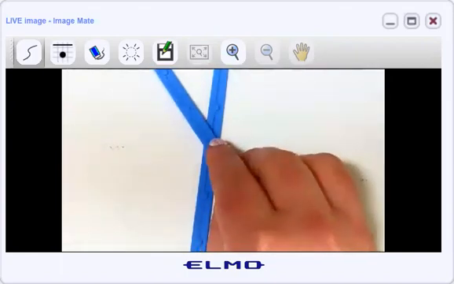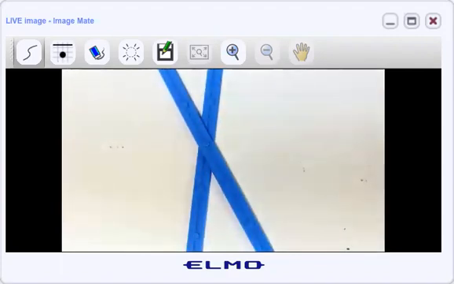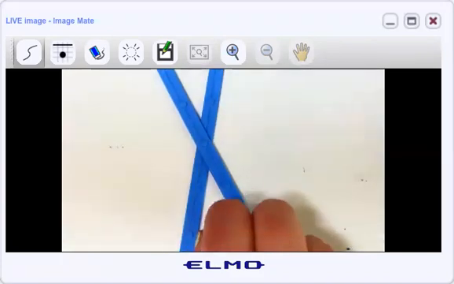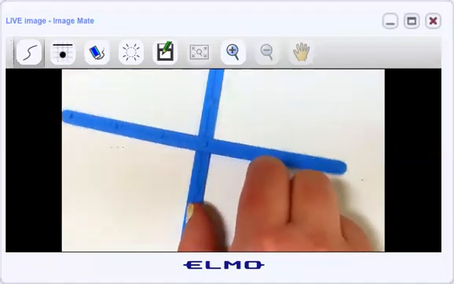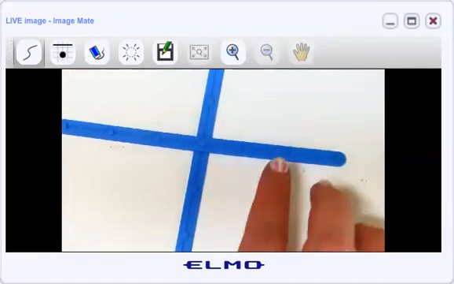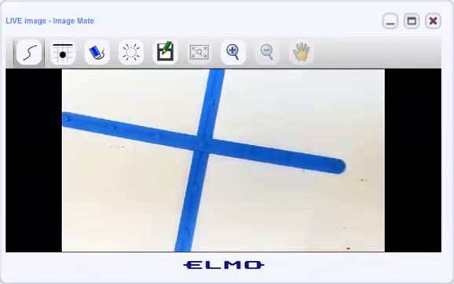Let me ask you this. Are these perpendicular? No, these are not perpendicular. Are these perpendicular? Hold on. Are those perpendicular? Yes.